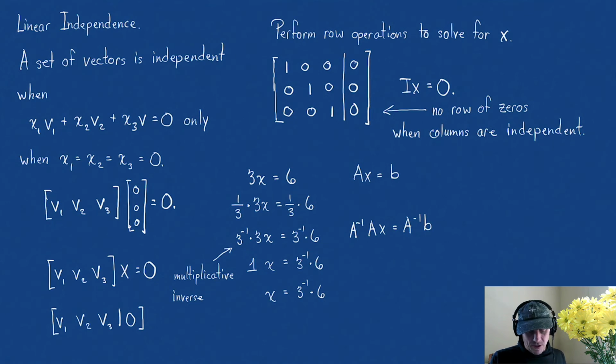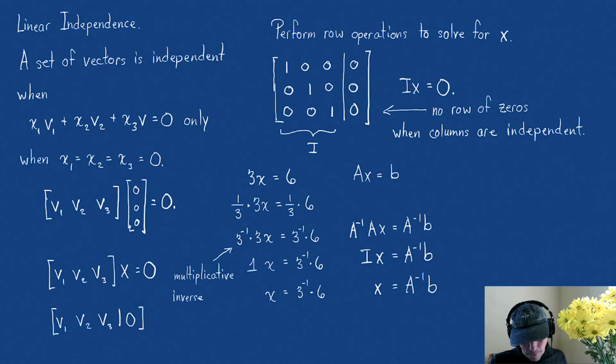But A inverse times A, well, that gives me the identity matrix times x, which is A inverse times b. And we have seen this when we've solved systems of equations, that we get an I on one side and then the A inverse b on the other side. Well, finally, though, once we've gotten to I, we know what x is, and so we don't write the I anymore, and we just write it as A inverse times b.